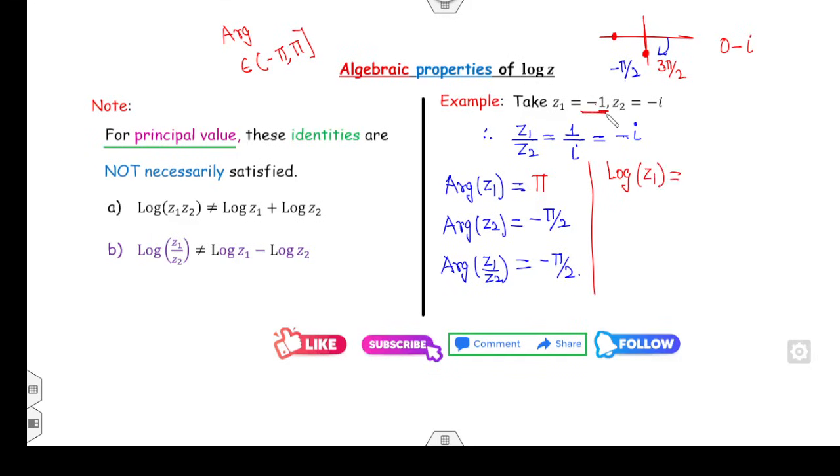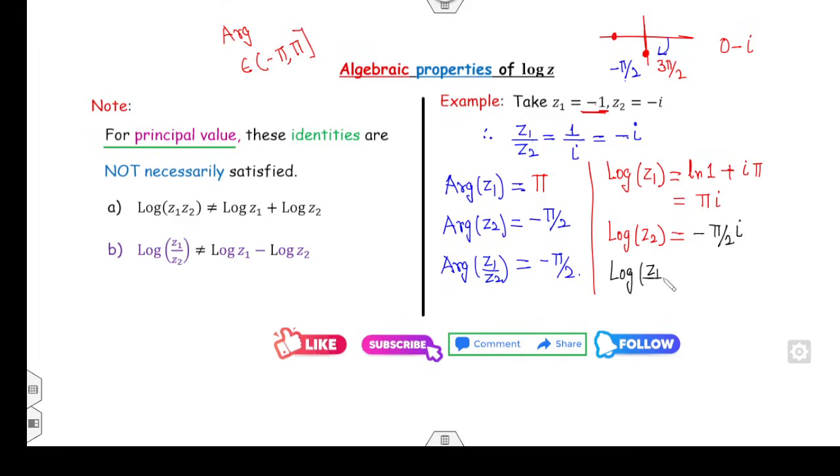So what is capital log of z1? Capital log means the absolute value: log 1 is 0, fine, plus iota times pi, so that is pi iota. Similarly, log of z2 will be 0 plus iota times -π/2, so -π/2 iota.